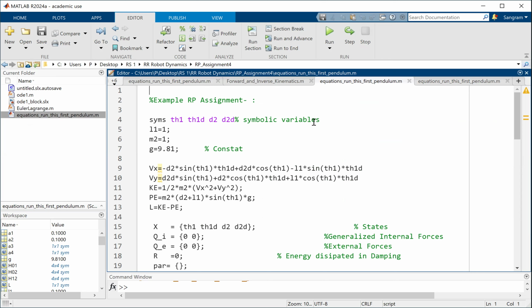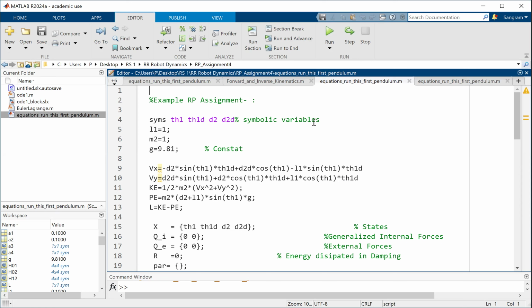So what you see here is velocity in X, velocity in Y. I derived that by taking the derivative of position in X and position in Y. Everyone understood this?